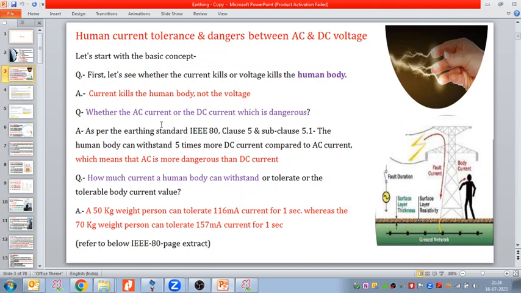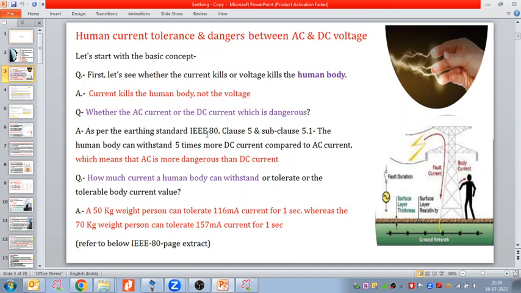As per the IEEE standard which we use for the earthing, IEEE 80 and IEEE 142, IEEE 142 we use for commercial buildings, and IEEE 80 we use for power installations.